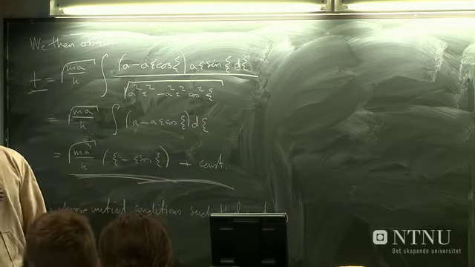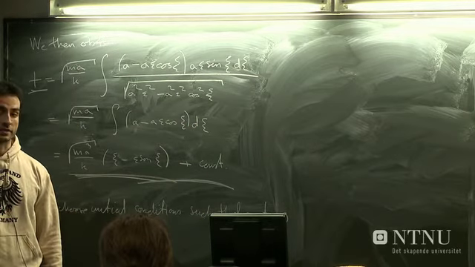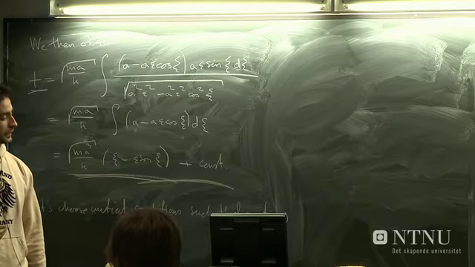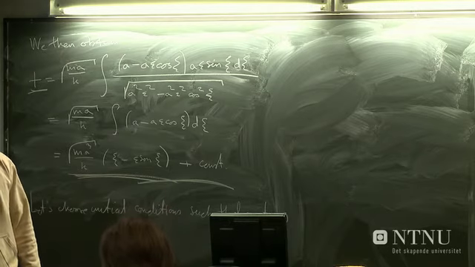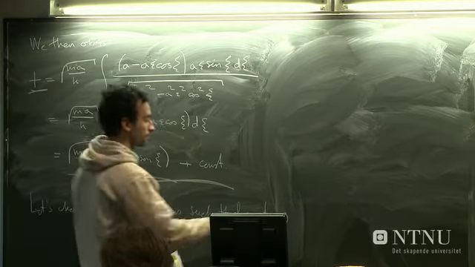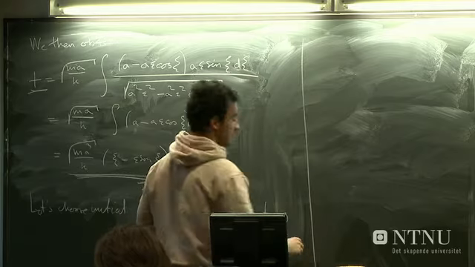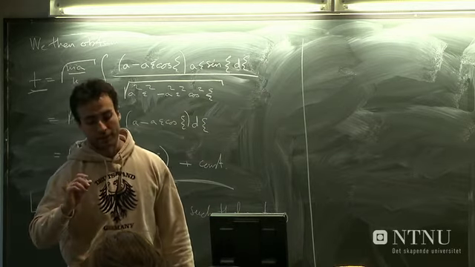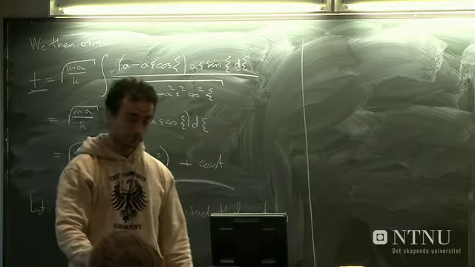Now, let's choose the initial conditions so that the constant again is 0. And then we'll consider what this means physically. This is the same as we did when we expressed r as a function of theta.